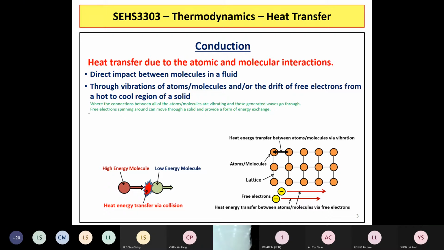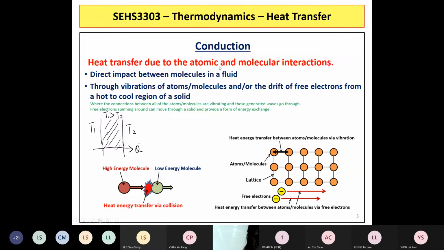Maybe first conduction, okay? I maybe show you a sketch. Let's say we have a solid, maybe a plane, maybe a plate. At this surface, we have a temperature T1. At this surface, we have a temperature T2. Maybe the temperature T1 is larger than T2. So we have the heat transfer along this solid. So that is conduction.